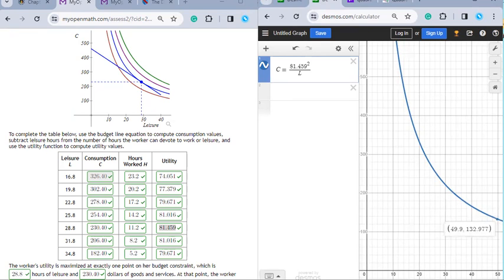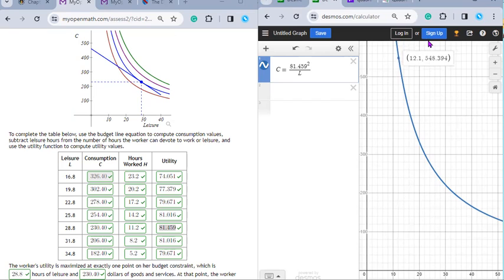So the marginal rate of substitution is very low here, and very high here. And why is that? Because remember, if leisure is scarce and I want a little increase in leisure, I'm willing to give up a lot of consumption.